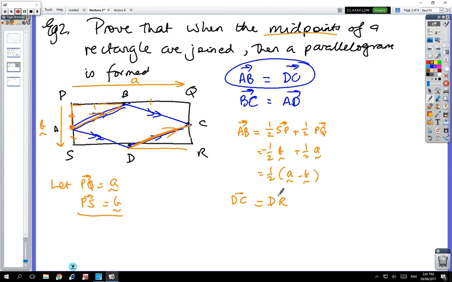Well, I go half of DR plus RC, and DR is a half of SR, and RC is a half of RQ.